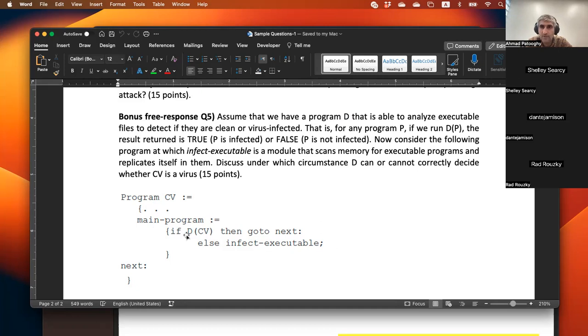This should be something wrong. No one other than our operating system should be calling me. So this is a situation that happens. And the answer to this question is that there are two different situations. Number one, if the operating system is informed that CV is calling D, in that case we can say D is doing a bad thing.